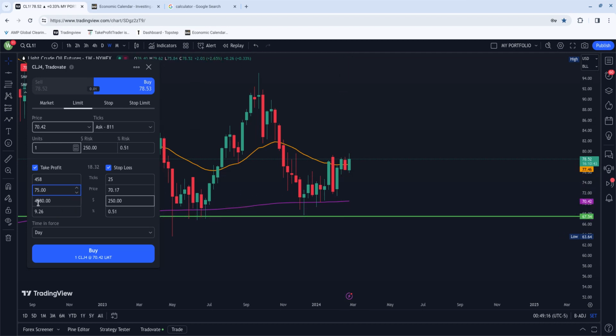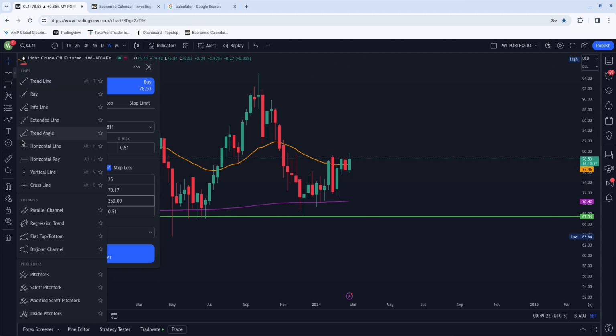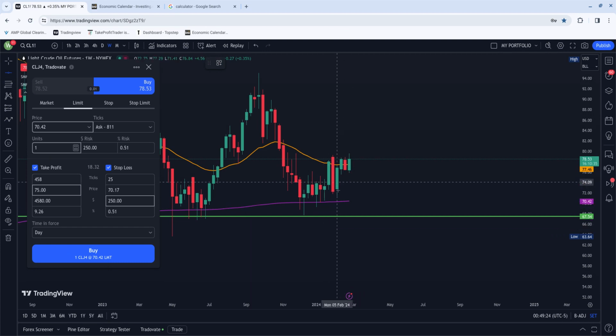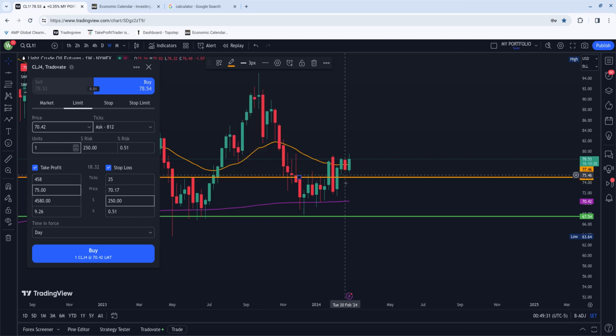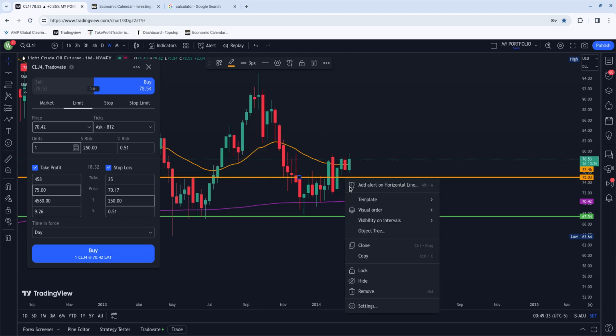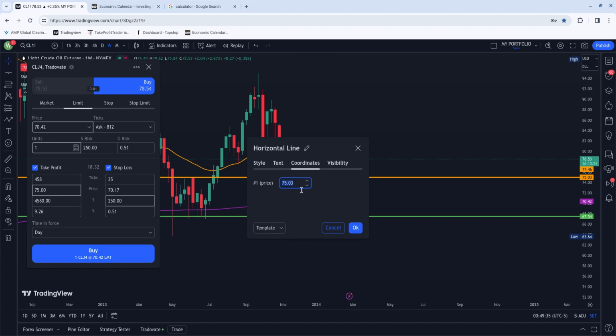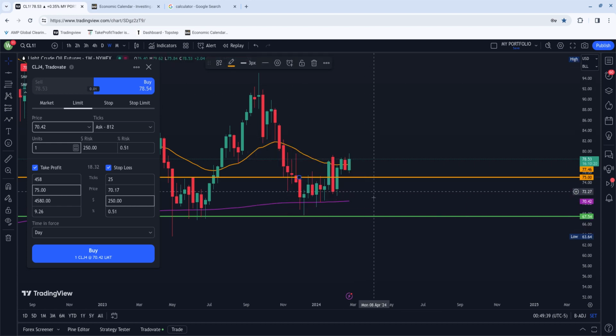But if I get out at just 75 as a take profit, let me put a horizontal line on it so you can see it. I'm going to make it orange for the take profit line, then change the settings on it to exactly 75, the coordinates. I buy here and get out right here. The market can still get higher, but I want to get out at 75.